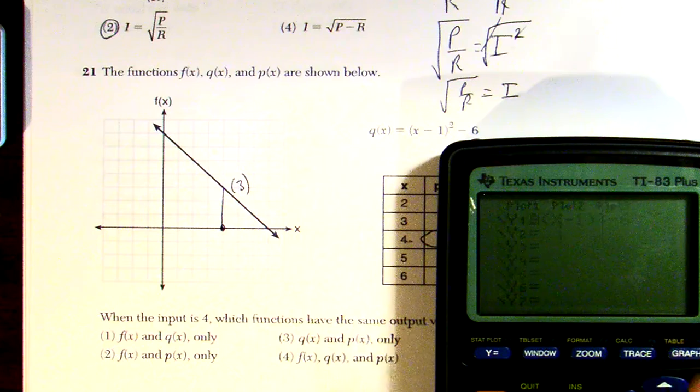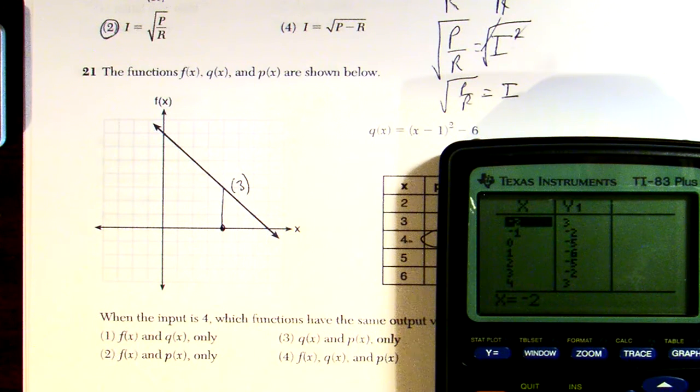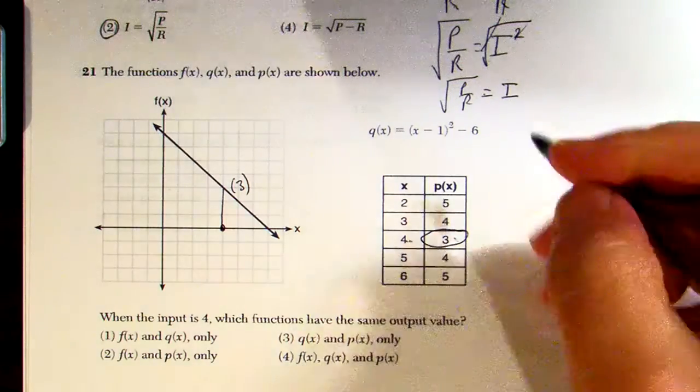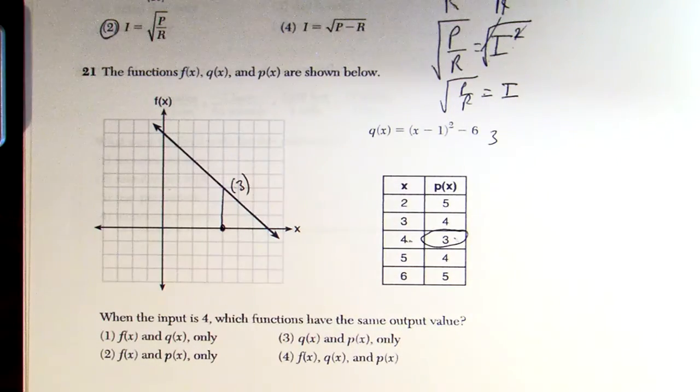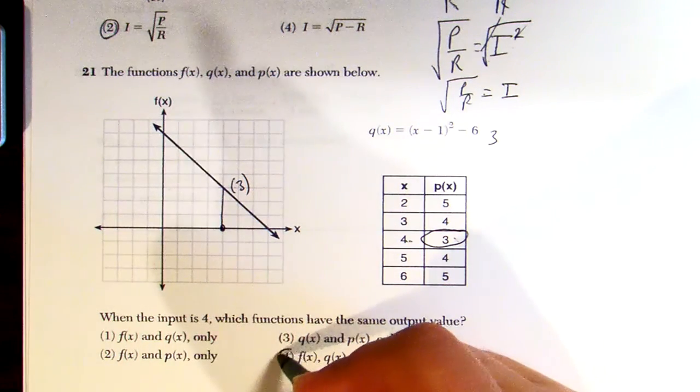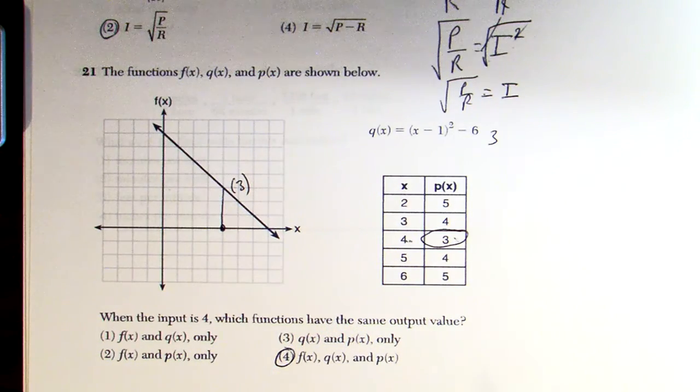Second graph, get my table. So where my input is 4, here's my x, my output is 3. So they all have outputs of 3. So which one proves that? Choice 4. They all have the same output value when the input value is at 4.